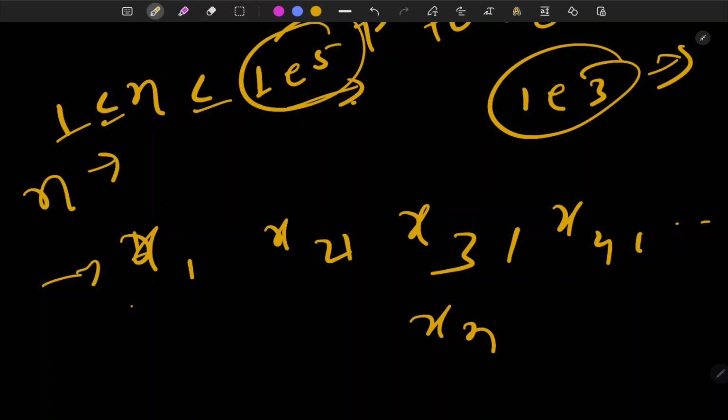Okay, so you will ask yourself: is it possible to have the string C of length x1 which satisfies all the conditions given in the statement?